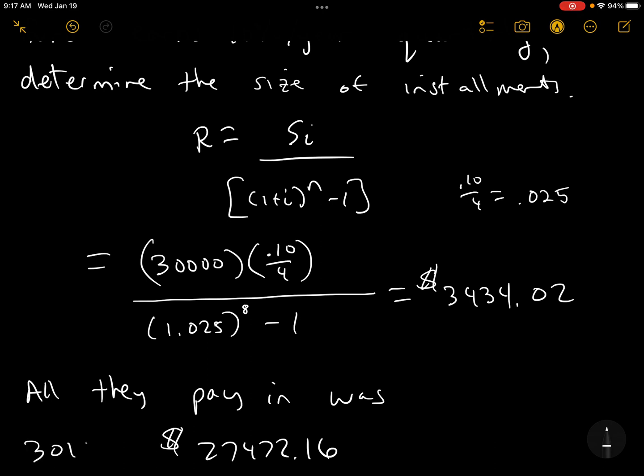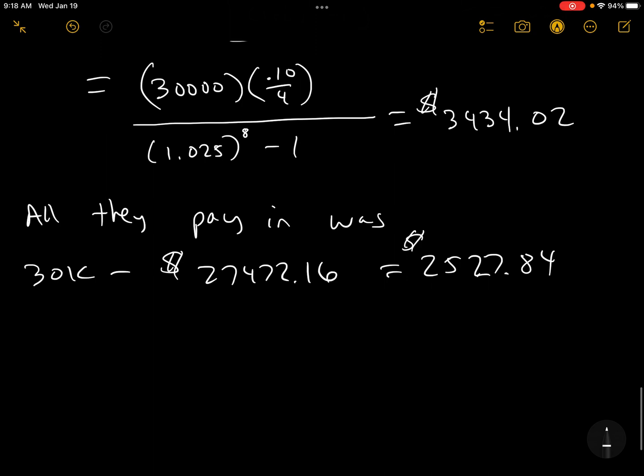So if you take the 30K and subtract this, you get 2,527.84. So they saved roughly $2,500 doing it this way and using the sinking fund. And at the end of the 2 years, they had the $30,000 to buy their new truck.